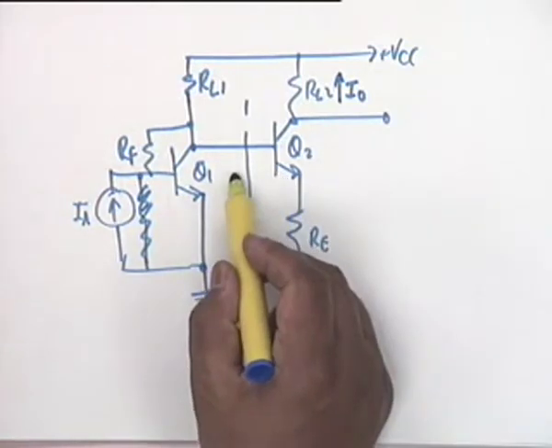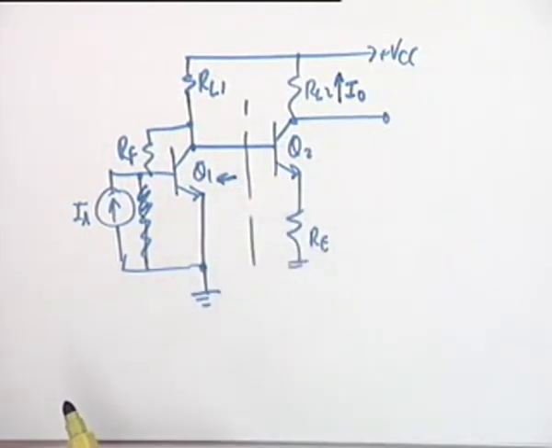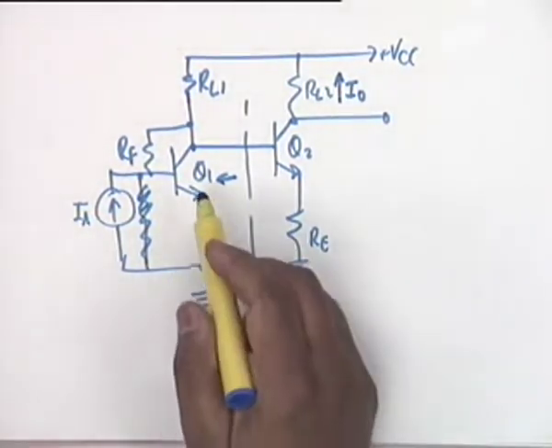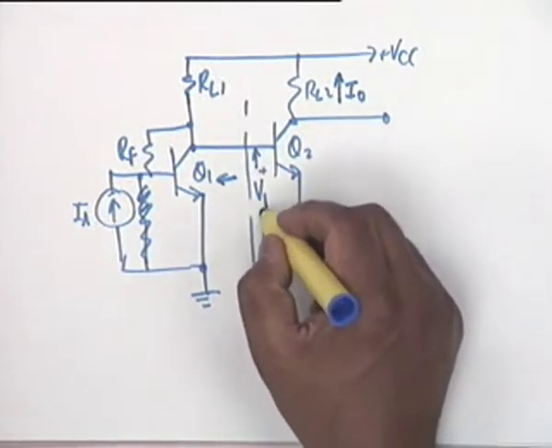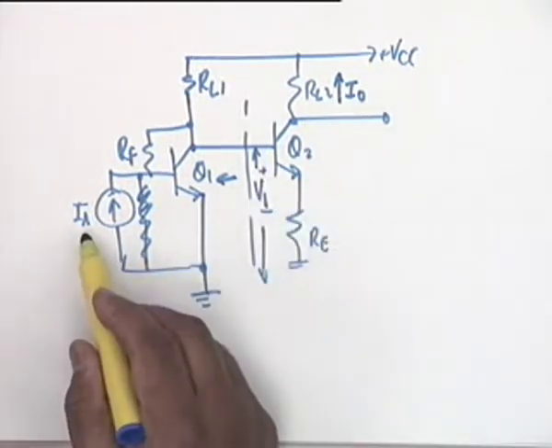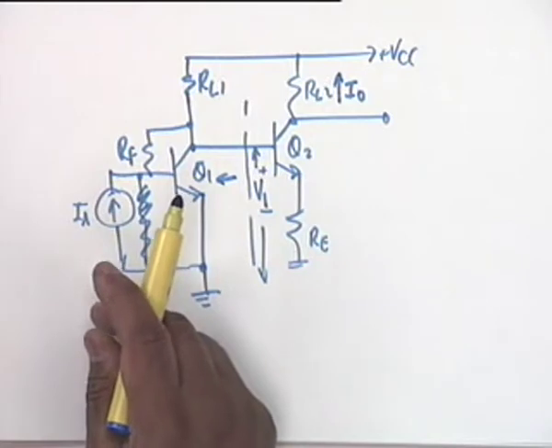That is, the output impedance of this is high or low? It's low. That's why this voltage, let's say this voltage is V1. V1 by Is would be approximately equal to what?